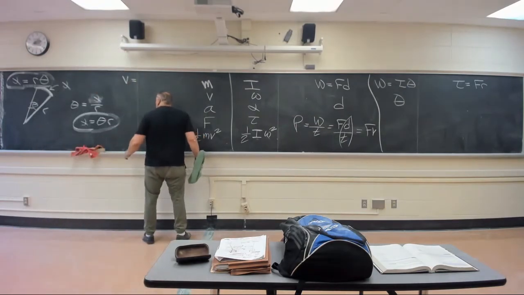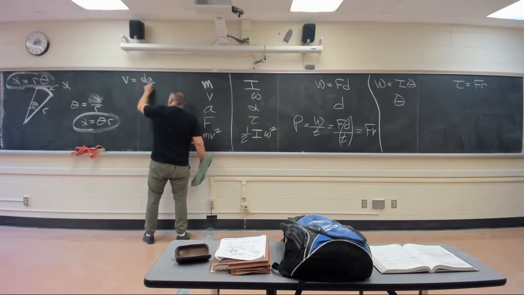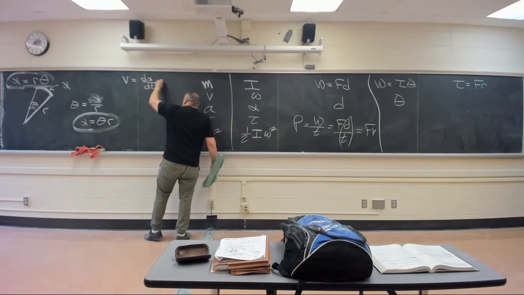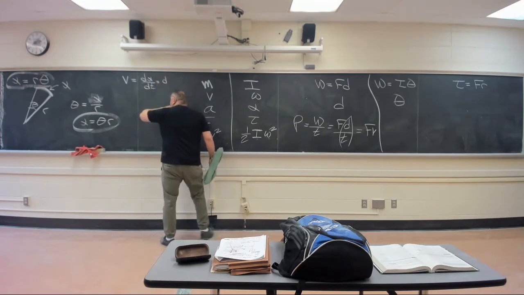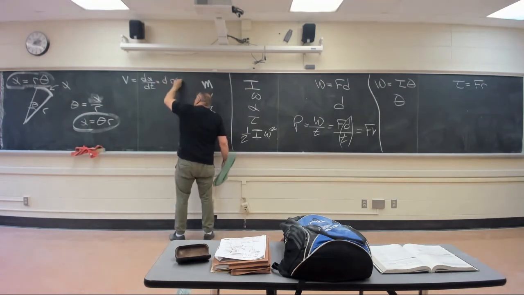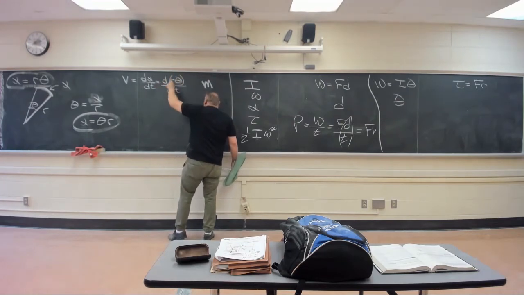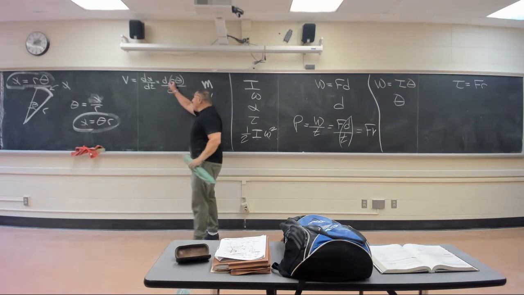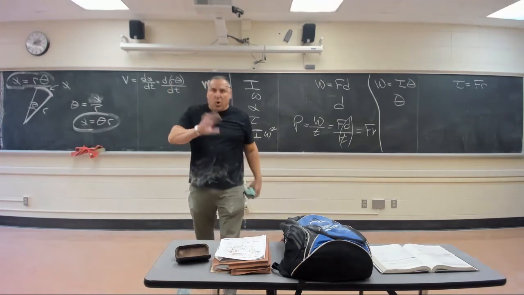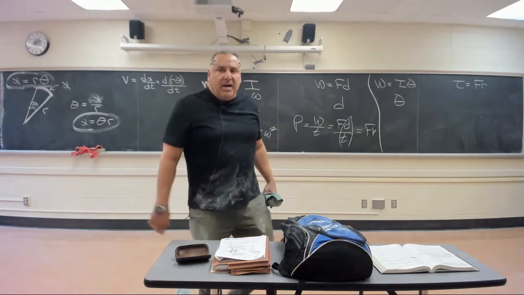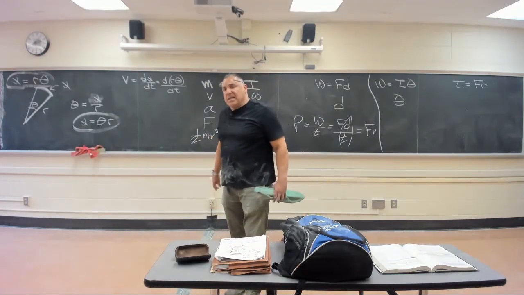V is dx dt. Is d r theta dt. R could change. Hey, we're talking about the product rule again, guys. We could go dr dt theta plus r d theta dt.